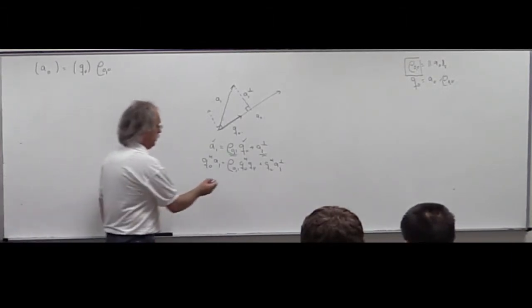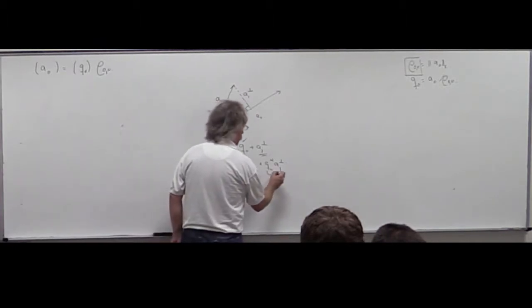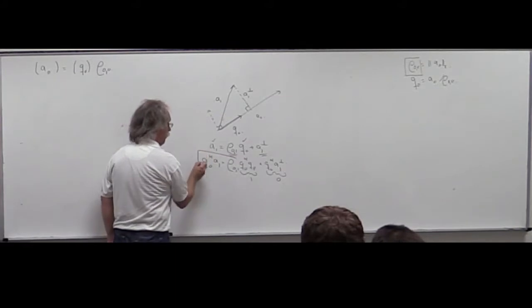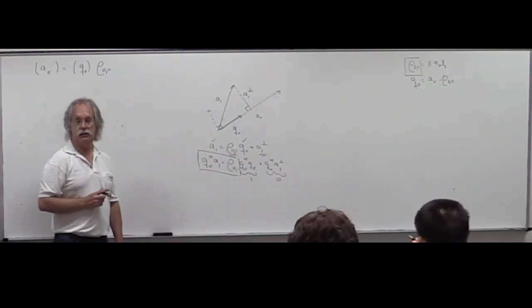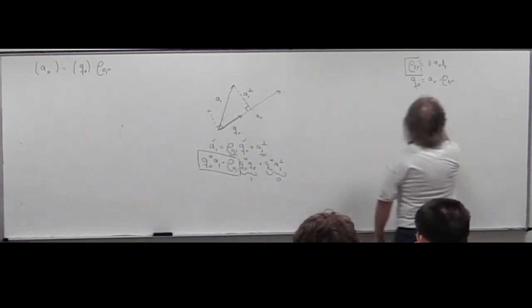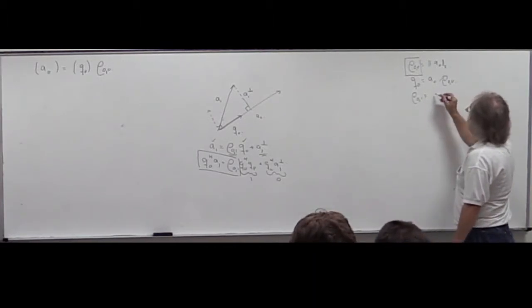But what do we know? We know that this here is of length 1, this here is 0, and we've just come up with a formula for rho 0,1.